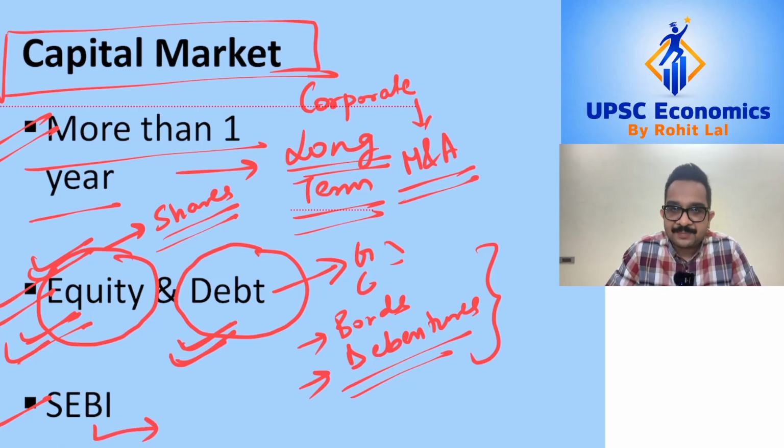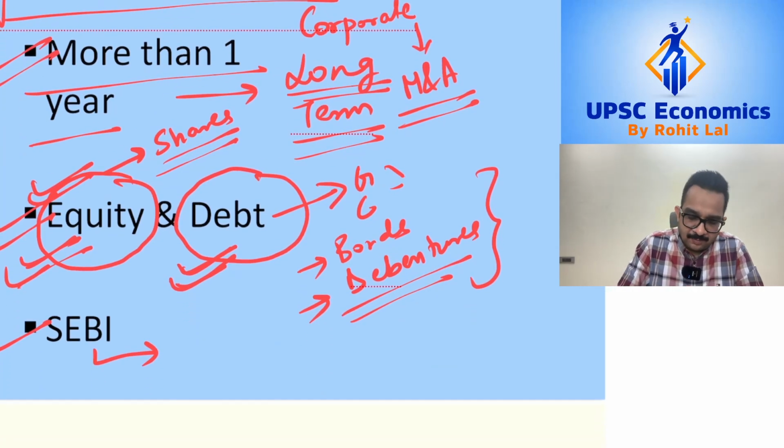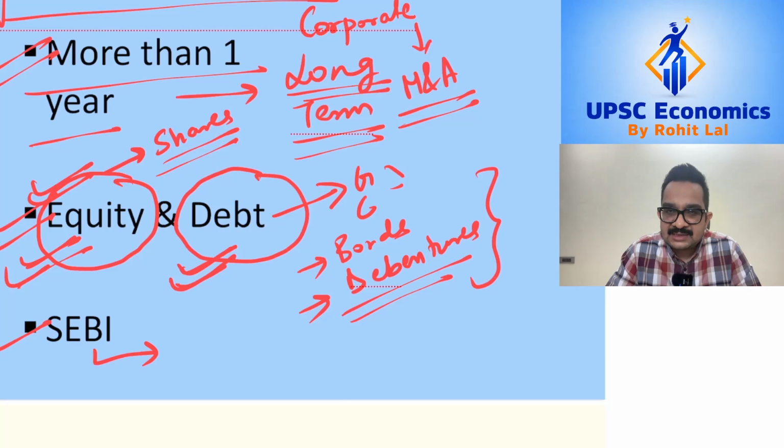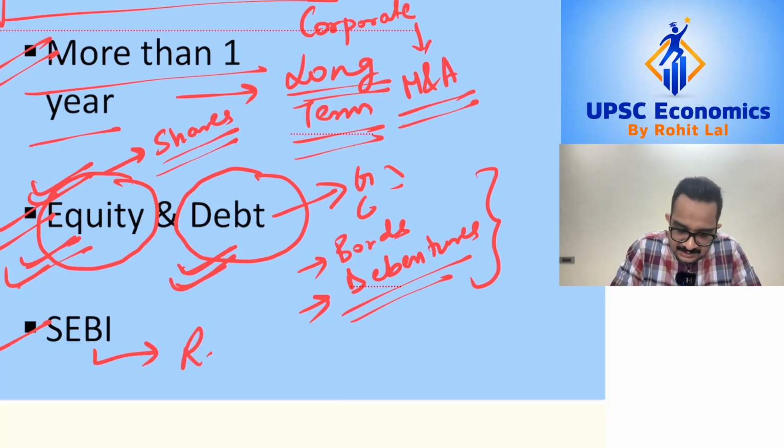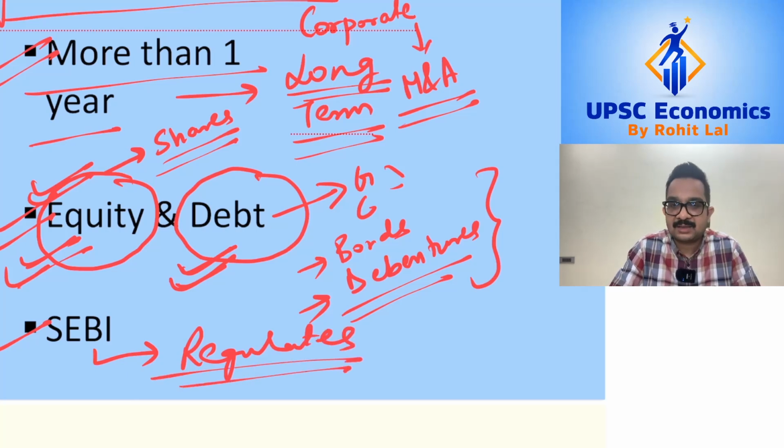Now, in the capital market, which is the market for long-term borrowing, it is the Securities and Exchange Board of India, that is SEBI, which regulates the capital market. So these were the key differences between the money and the capital market.